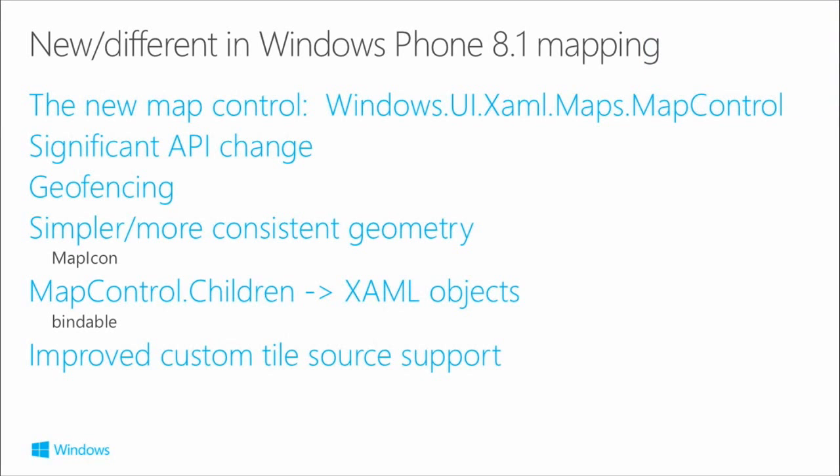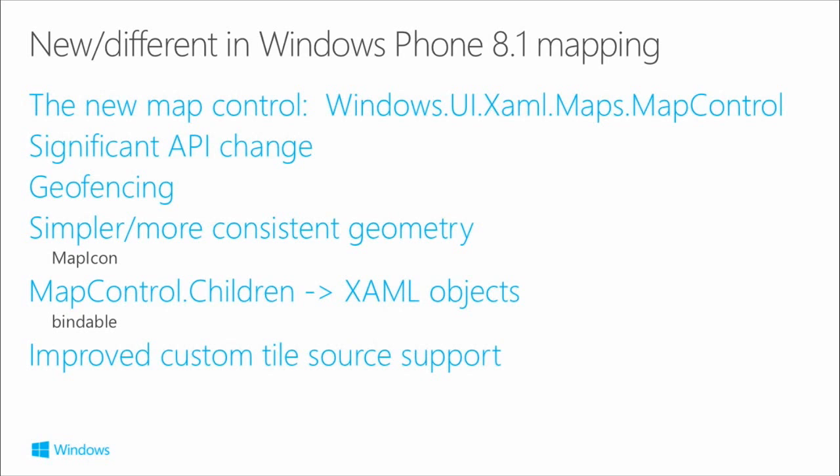Okay, so what's new and different in Windows Phone 8.1 mapping? As we said, we've got the new maps control. There is a significant API change. If you have been building mapping applications and geolocation applications in Windows Phone 8.0, there are going to be some substantial updates.